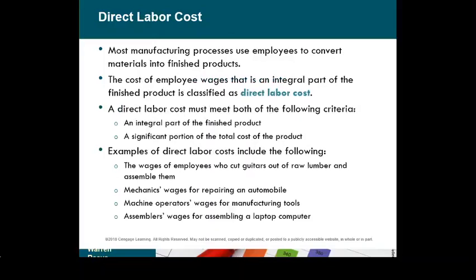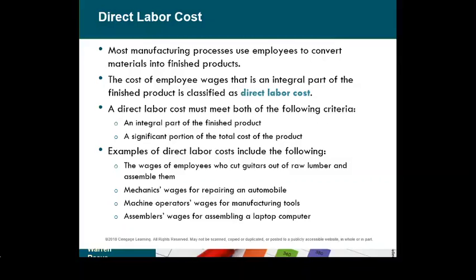And then we go to the second one, which is direct labor costs. Okay, so in the manufacturing process, we will use employees to convert material into finished product. Sometimes there are certain processes whereby they use automated machines to convert materials into finished product.